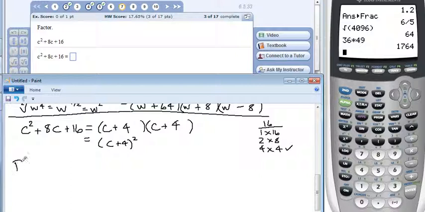So these qualify as perfect trinomials or perfect square trinomials.